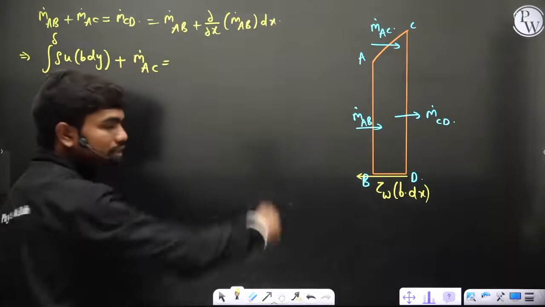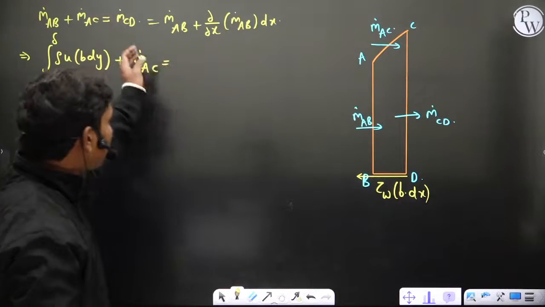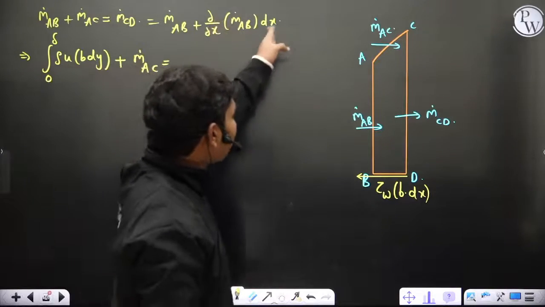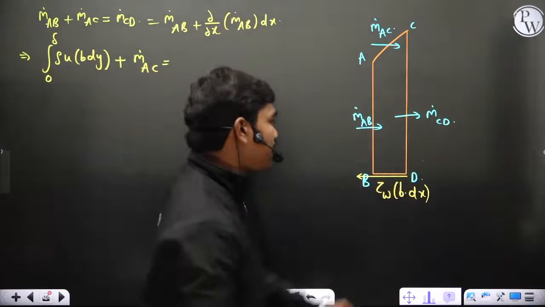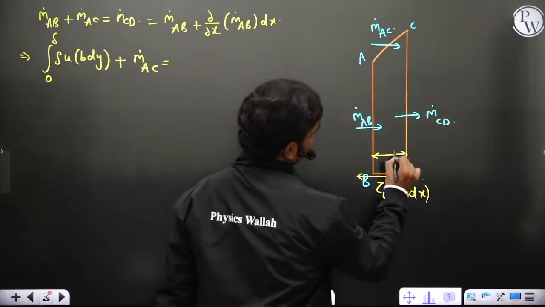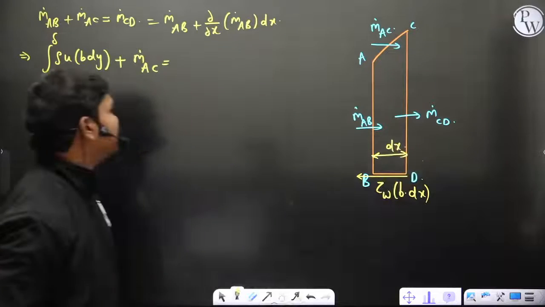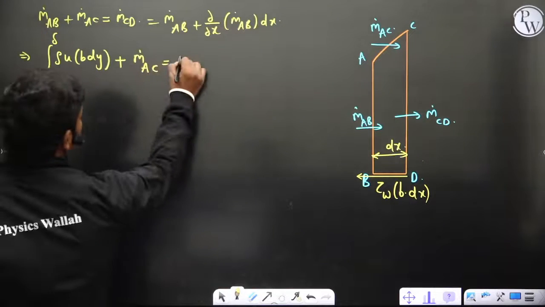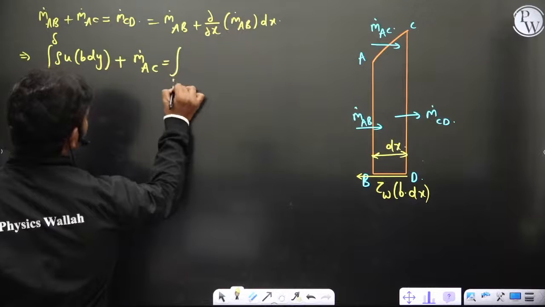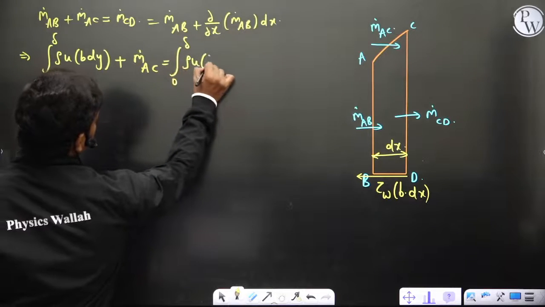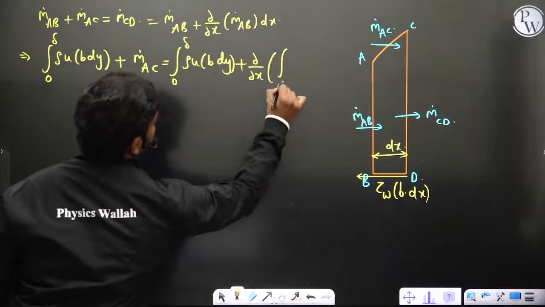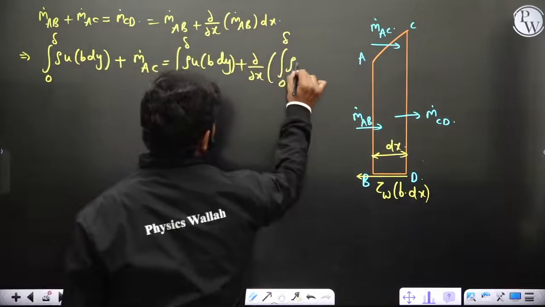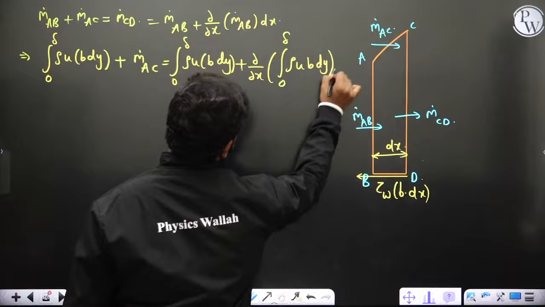Again, I told you how this comes, the linear approximation of the Taylor series, because the section will have a difference of dx. This thickness is dx. So this is equal to integral 0 to delta rho u b dy plus dou by dou x of integral 0 to delta rho u b dy into dx.